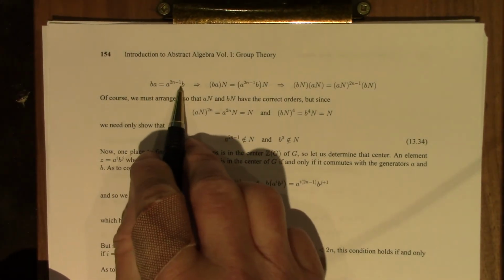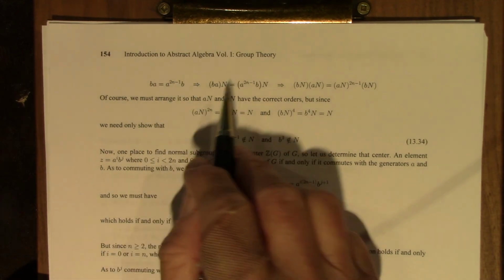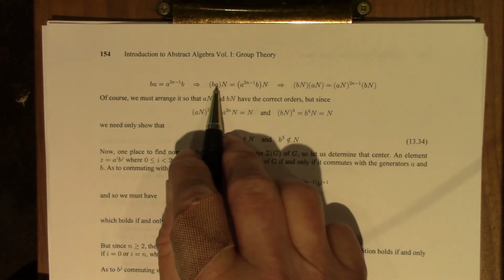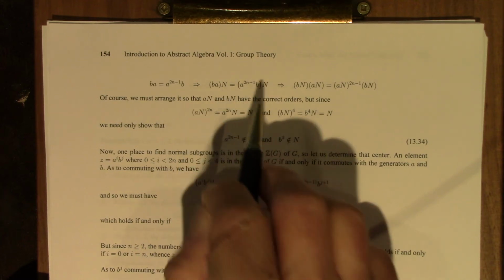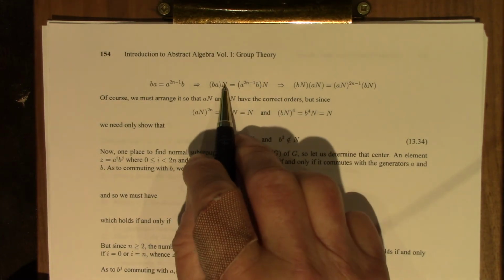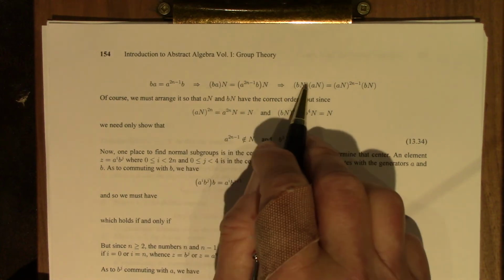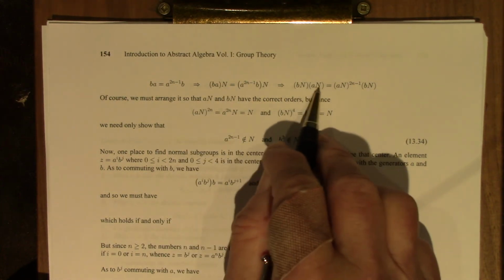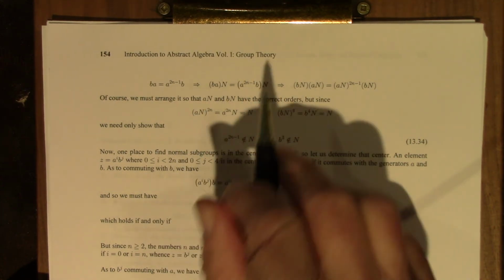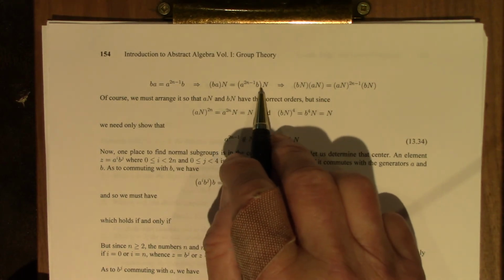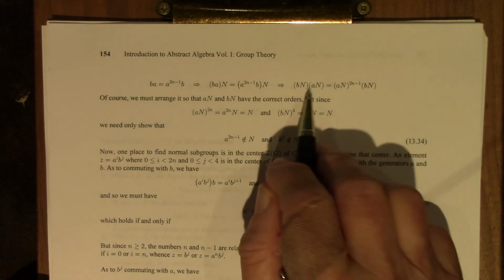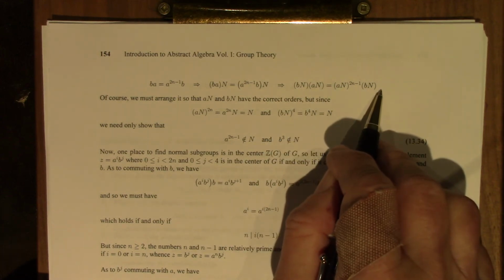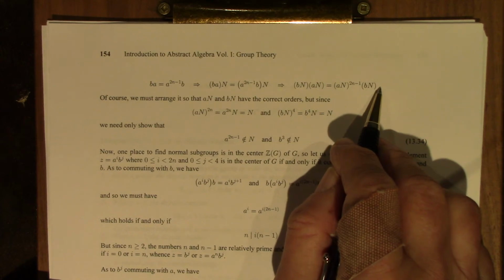This is the commutativity rule in the full group. I can use both of these as coset representatives for N, and then the coset product rule means I can push the N over, so bN aN, that's equal to baN, and this is equal to a to the 2n minus 1 bN. This then is the same commutativity rule for the quotient group G mod N.